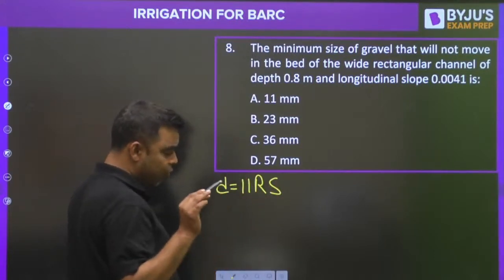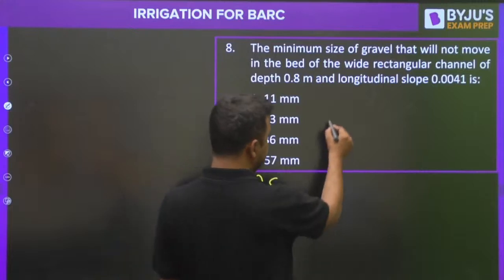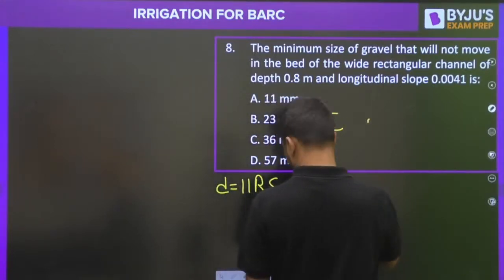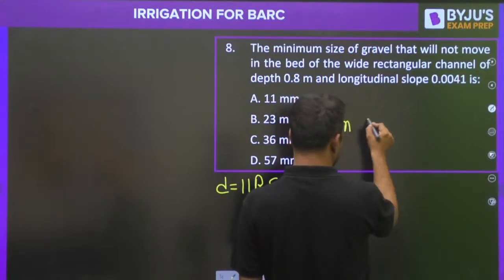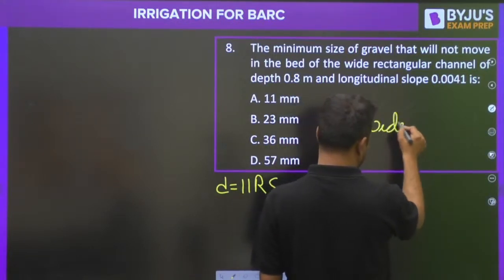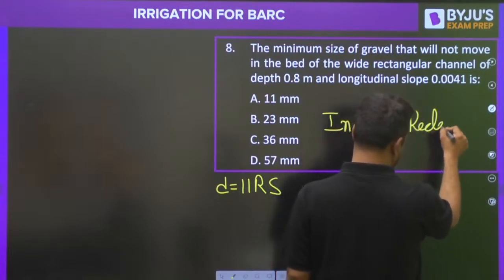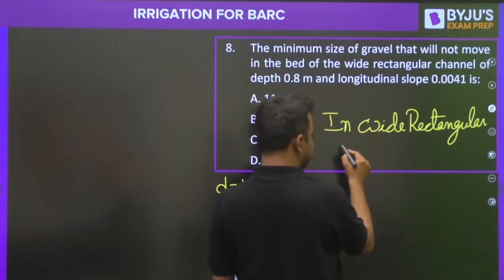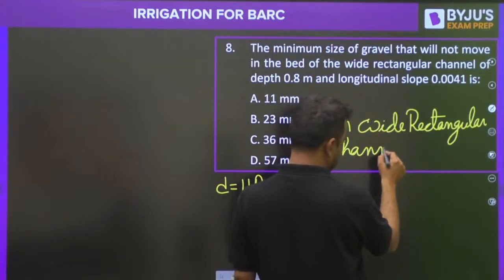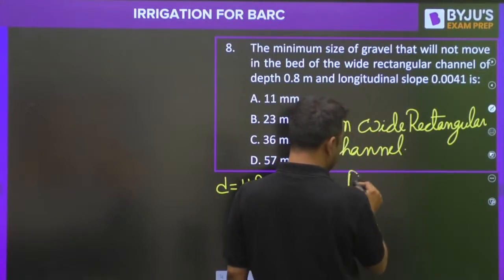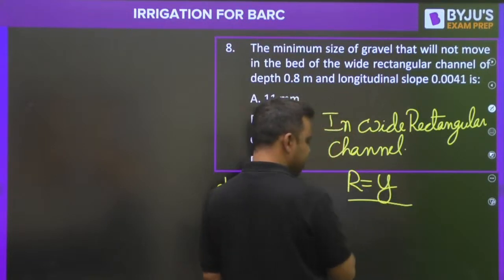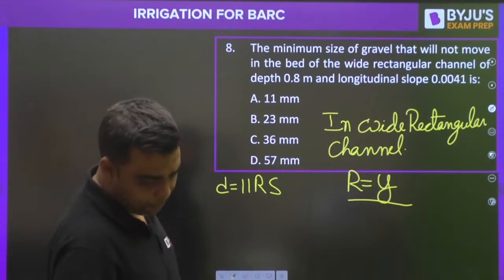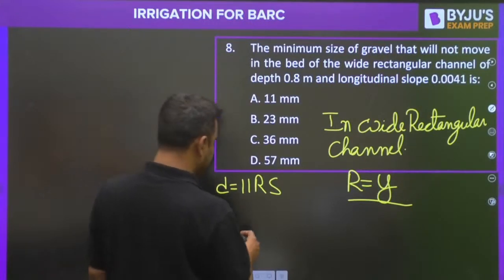Now, it is a wide rectangular channel. So in a wide rectangular channel, what do we have? We have R is equal to Y. Do you know this relation? Okay, let's check. Right?